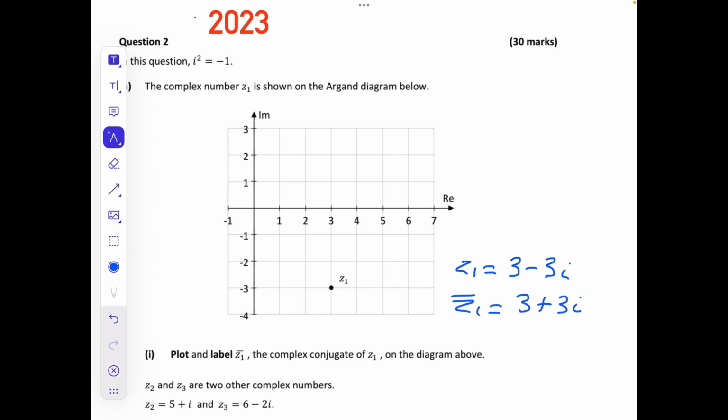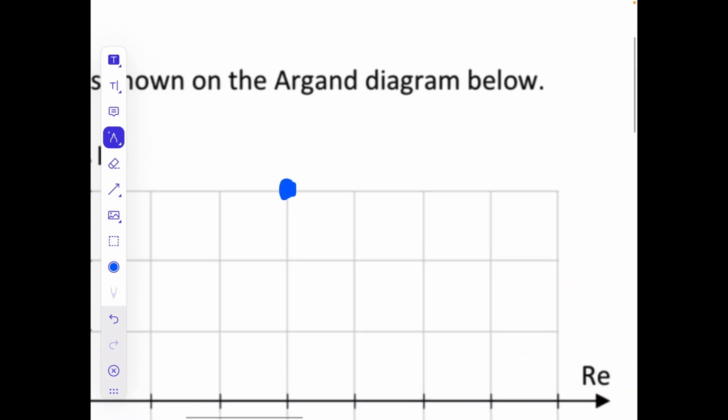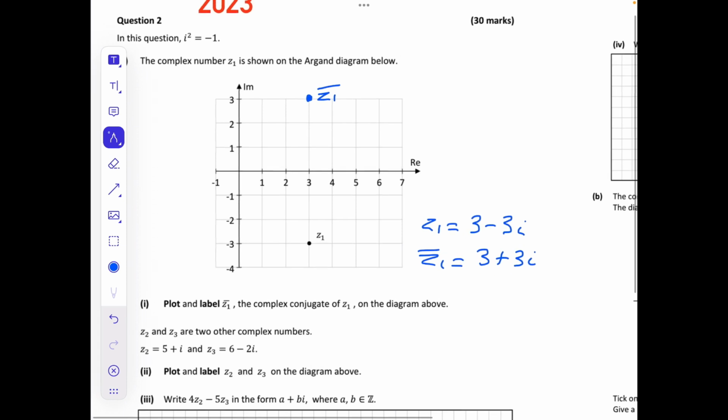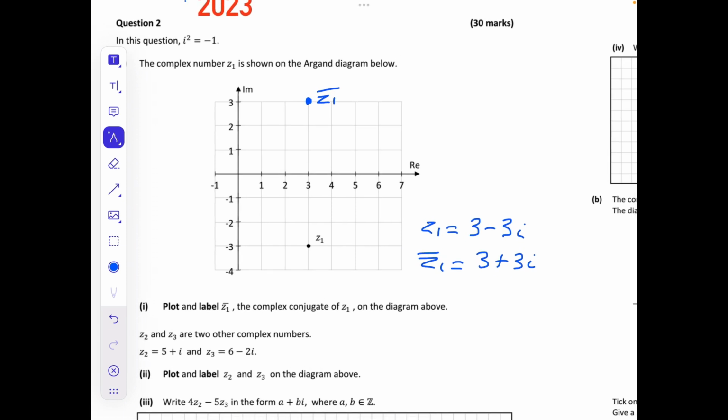The conjugate of Z1 is equal to 3 plus 3i. And it said just to plot and label the conjugate of Z1. So I'm just plotting 3 plus 3i, and I'm labeling it as Z1 conjugate. Okay, that's all they were asking there.